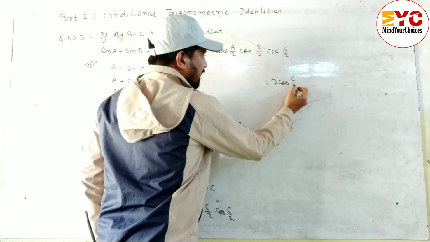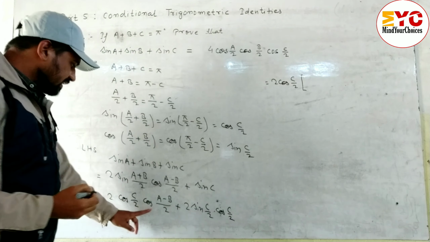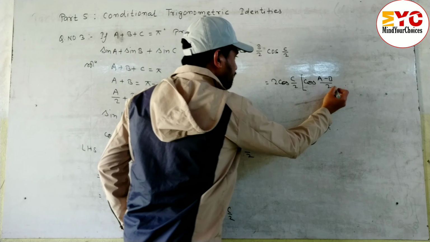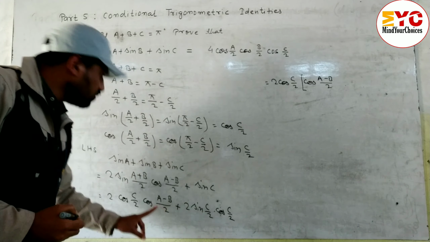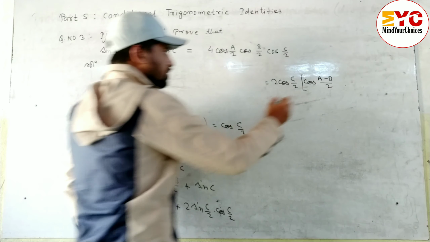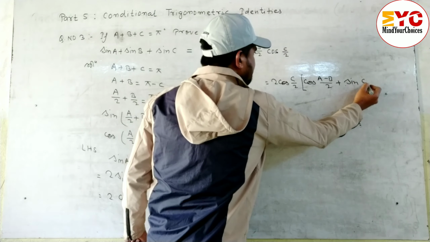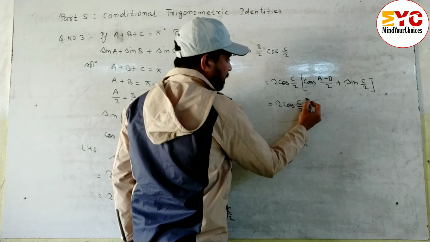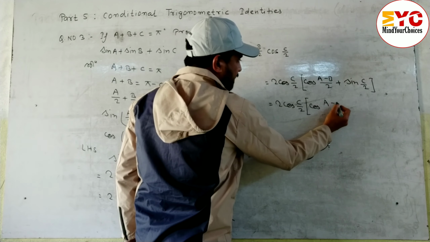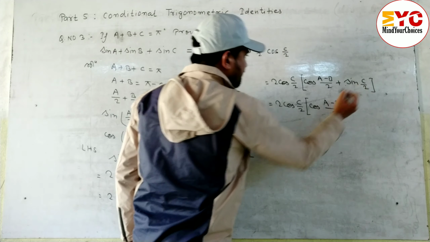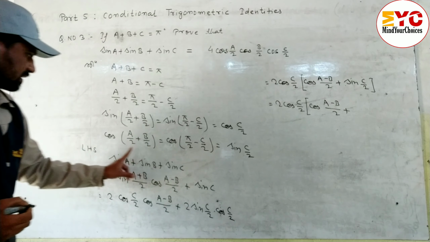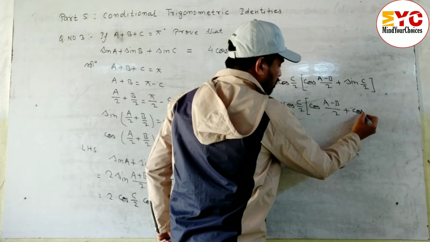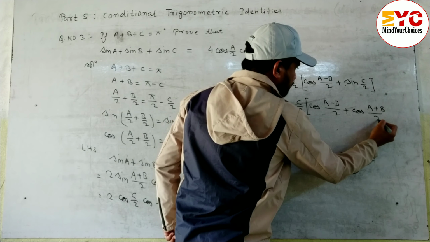Now we have to take common, and the common factor is 2 cos(C/2). Remaining is cos((A−B)/2), and since 2 cos(C/2) is already common, the remaining is sin(C/2), so we write plus sin(C/2). Now we put the values: 2 cos(C/2) [cos((A−B)/2) + sin(C/2)], and the value of sin(C/2) is cos((A+B)/2), so we can write cos((A+B)/2).